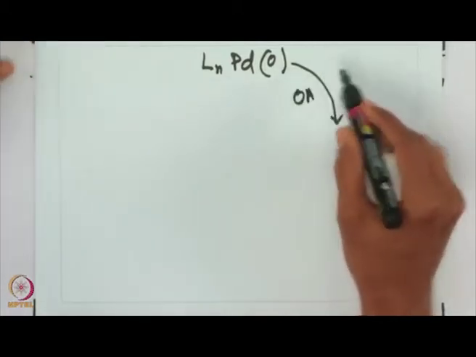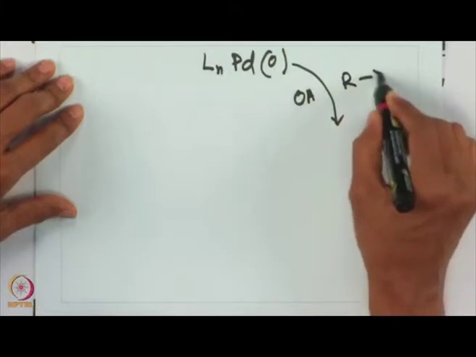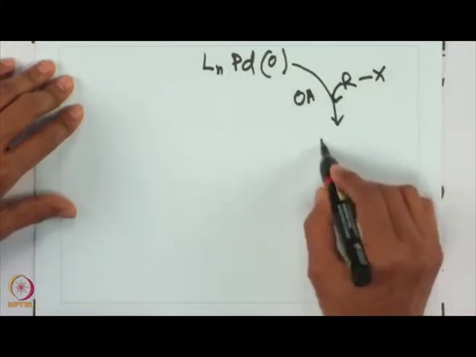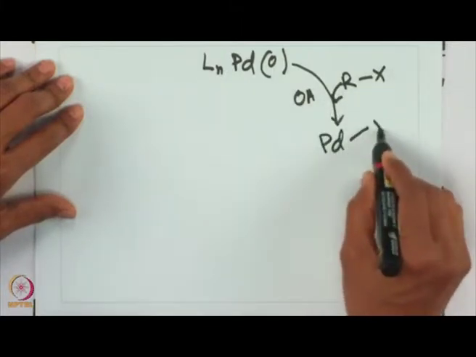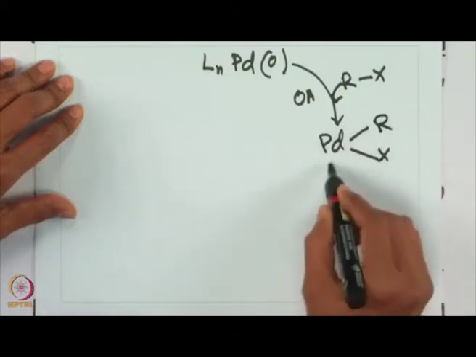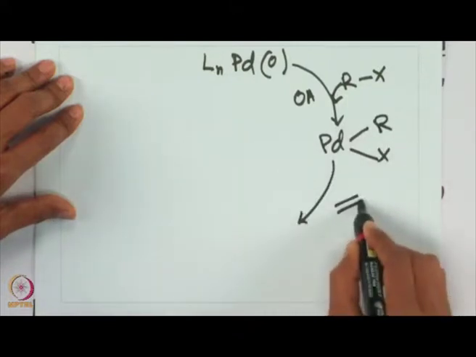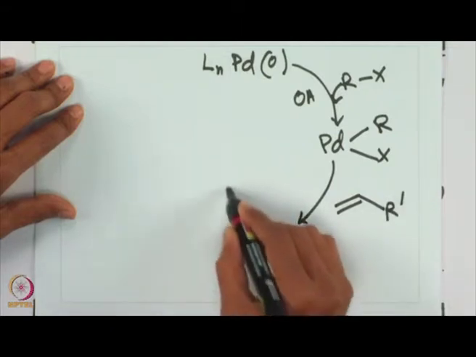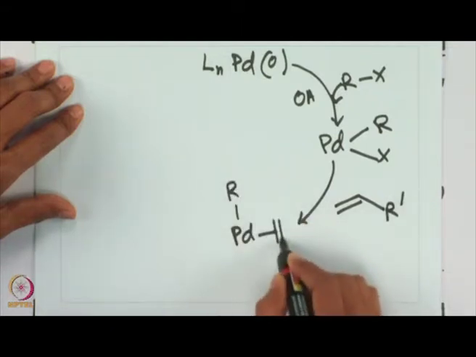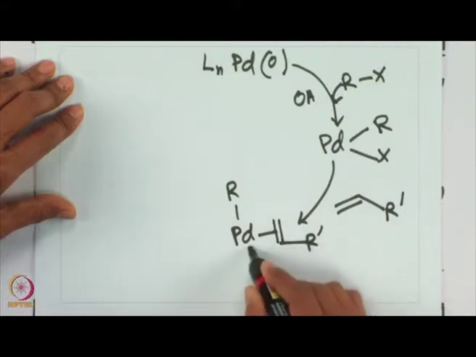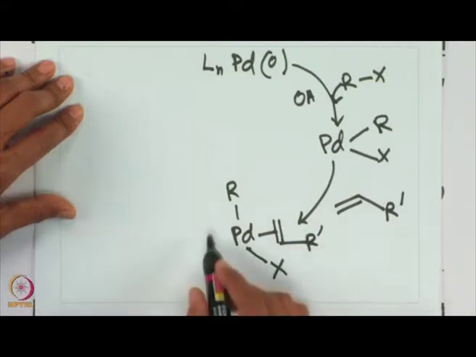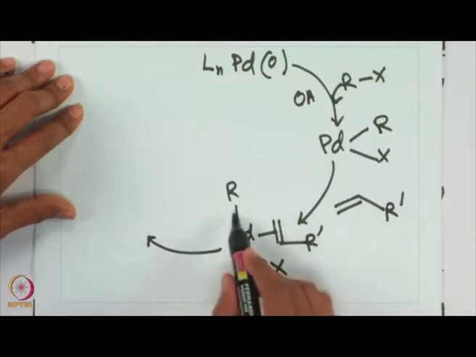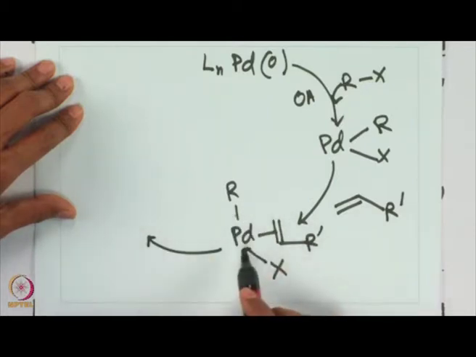The first step is oxidative addition, where we get RX, and overall a palladium RX intermediate, which is the same as before. It will react with the olefin, and from there we have olefin coordination, just coordination, nothing else initially, and now we are ready for beta migratory insertion.